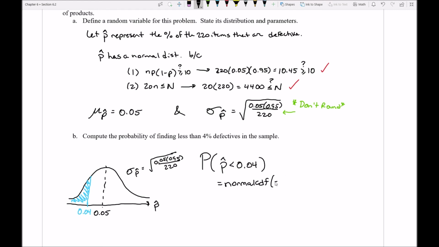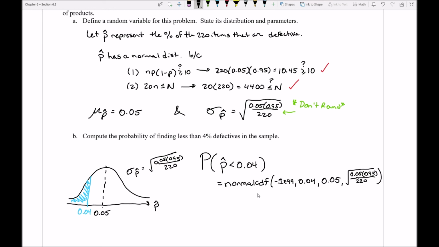So it's a normal CDF that goes from -1E99 all the way up to 0.04, and then I use my mean, and I type in this entire messy standard deviation, the whole thing. I'm going to type all of it in. So this is over 220.